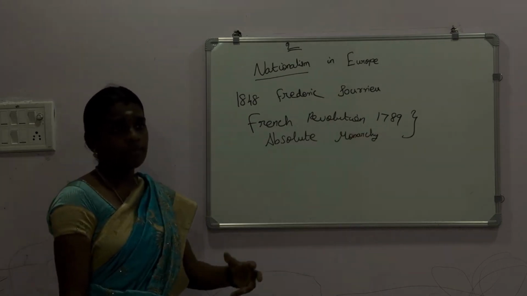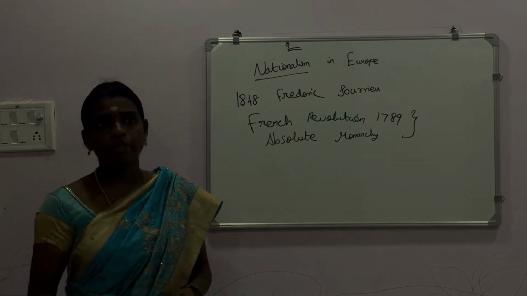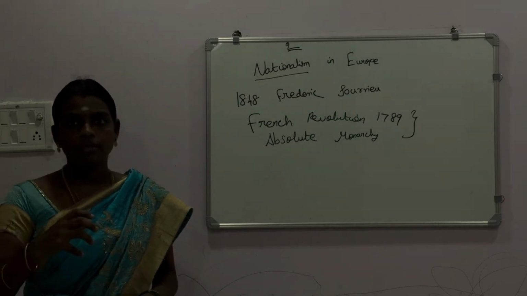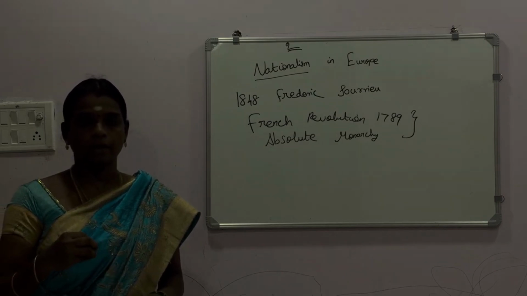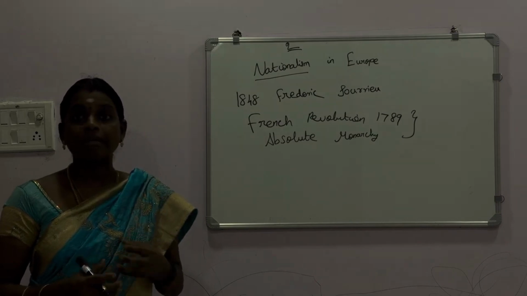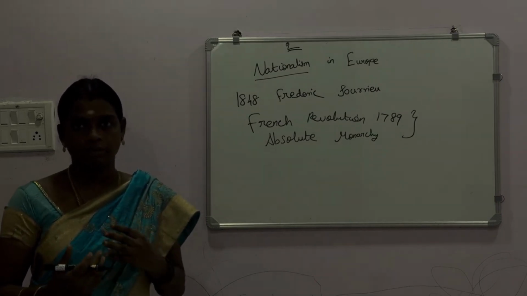And next, what were the outcomes of the French Revolution? If any revolution or war occurred, some consequences occurred there. That's the information I'm going to let you know right now.